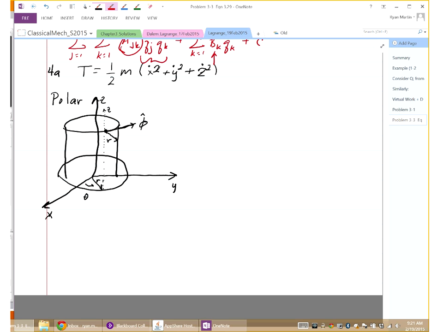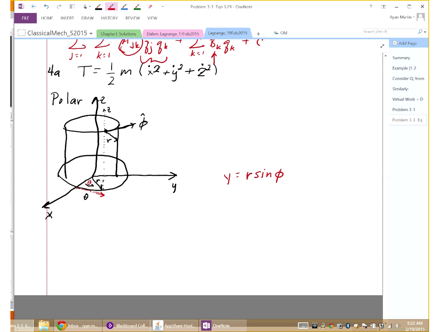So I'm going to change colors. If this is theta, and I want to know what my y coordinate is, clearly it's a sine. So y is going to be equal to r sine phi, because phi is how far around we went. Yes.